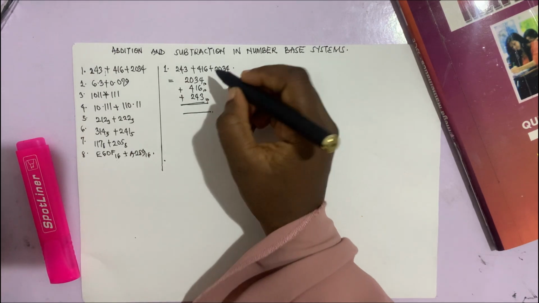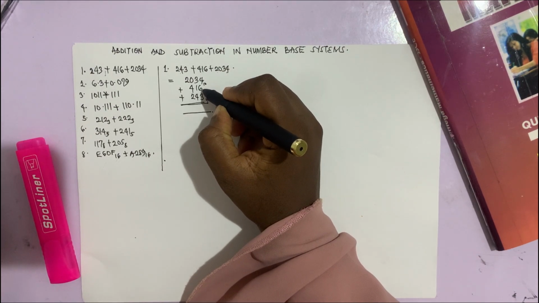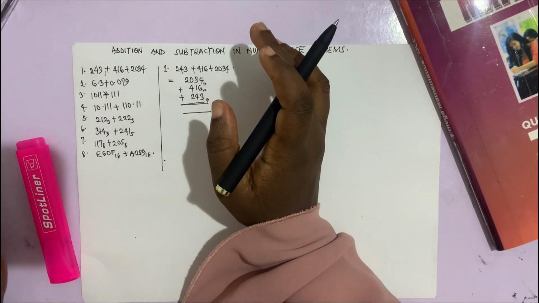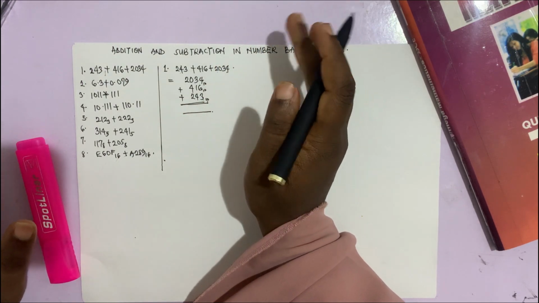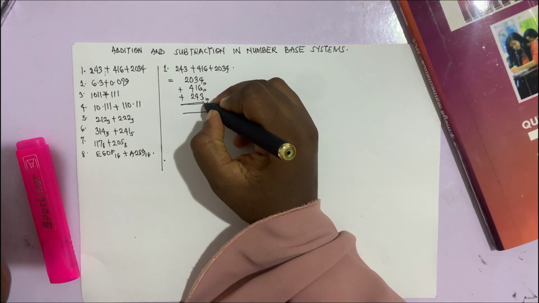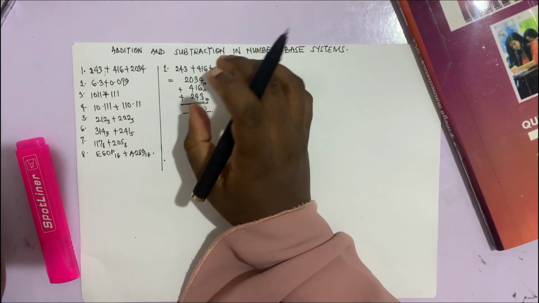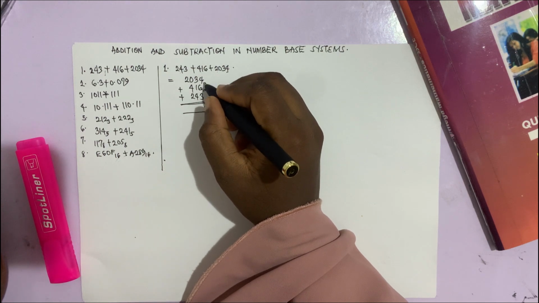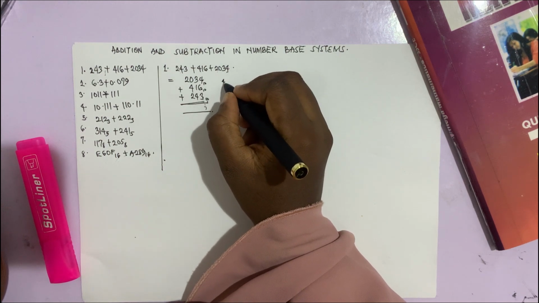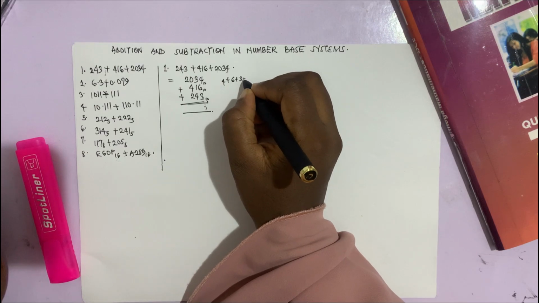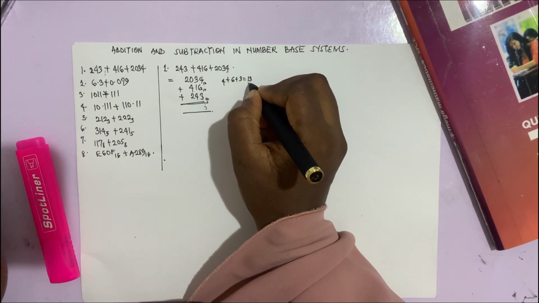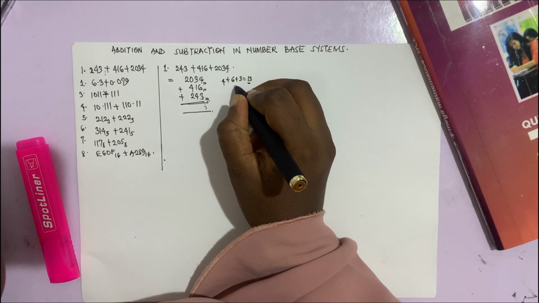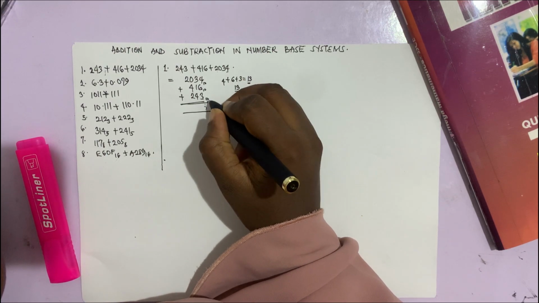So how do we do it? 4 plus 6 will give us 10. 10 plus 3 will give us 13. From our knowledge of maths, we say we write 3 and carry 1. But what does it really mean? Because we are working with base 10 and our addition of 4 plus 6 plus 3 gives us 13, which is higher than the base we are working with, what we really do is divide the answer we get by the base.